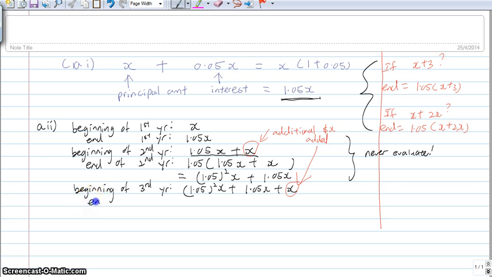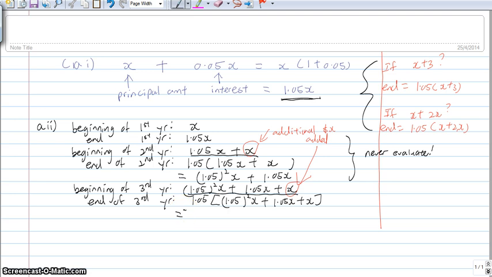So at the end of the third year with the interest added in, what will it be then? It will be this amount multiplied by another 1.05, right? Based on the exercise, the one in red that we have just done. So I will have 1.05 multiplied by this amount, which is 1.05 squared x plus 1.05x plus x.